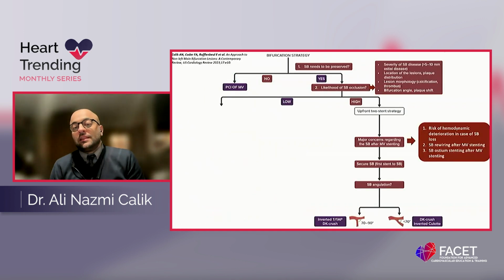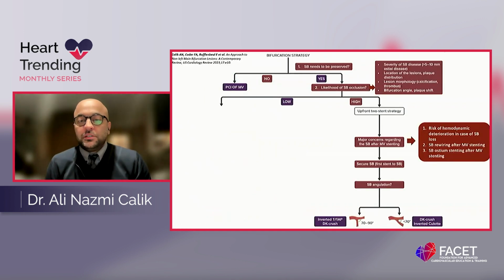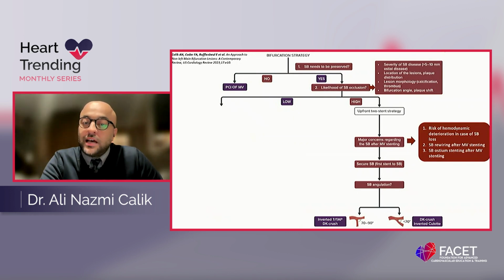What if the likelihood of side branch occlusion is high? Of course, in these patients, we should decide on an upfront dual-stent or systematic two-stent strategy. If there are major concerns regarding the side branch after main vessel stenting, we should secure the side branch first.